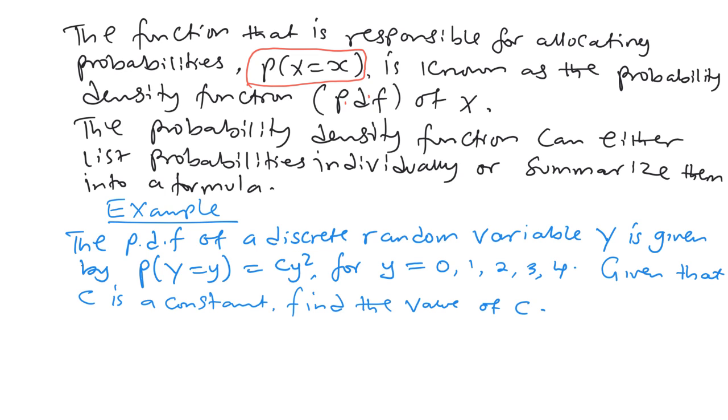The example says the p.d.f of a discrete random variable Y is given by this formula: probability of Y equal to y is c y squared, for the stated y values 0, 1, 2, up to 4. Given that c is a constant, find the value of c.